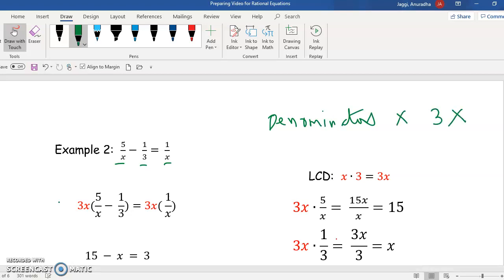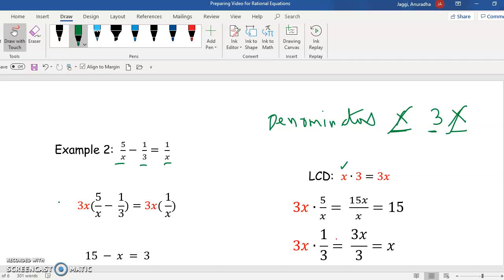Okay. Now, least common denominator, if you recall, you're going to take step by step. So the x. In the second denominator, there is no x, but in the third denominator, there is an x. So you can write this x only one time. So this x and this x is taken care of by this x.